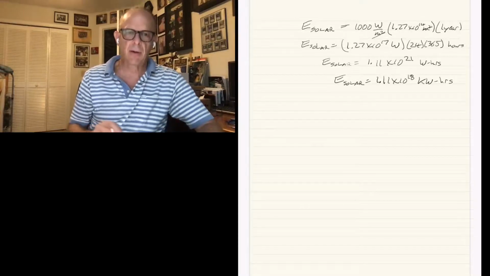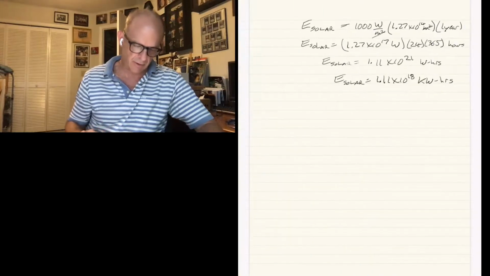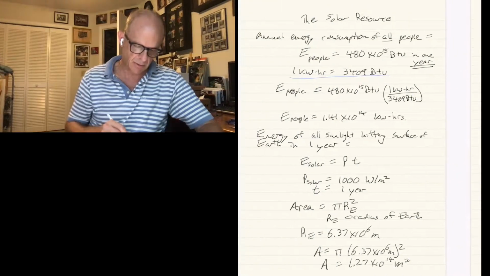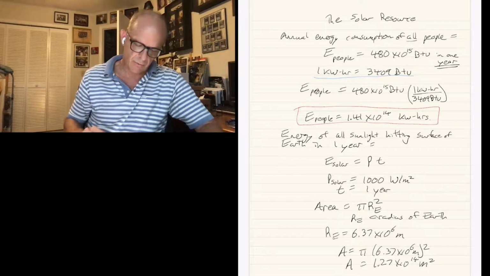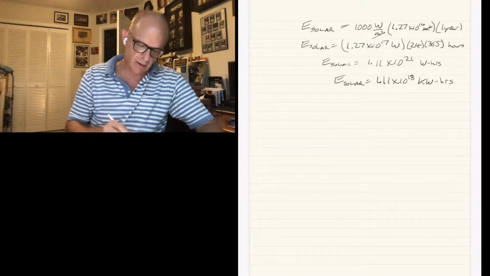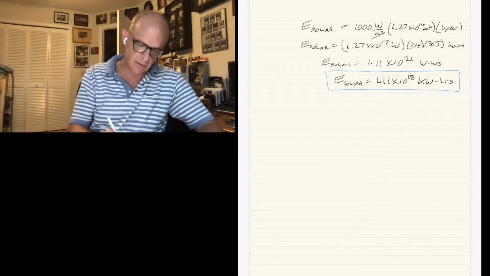So now let's compare that to the amount of energy used by people. Our use number is 1.4 times 10 to the 14 kilowatt hours, and our flow value is 1.1 times 10 to the 18.